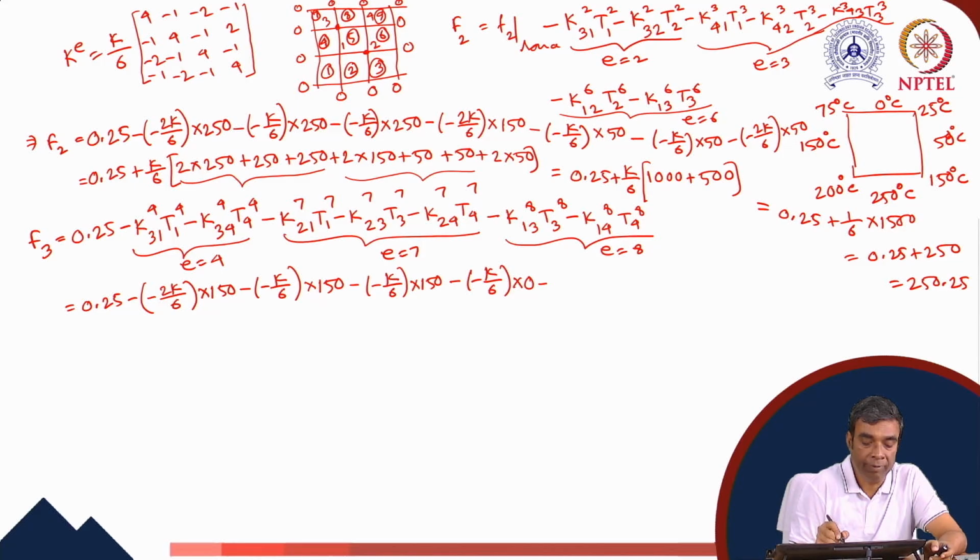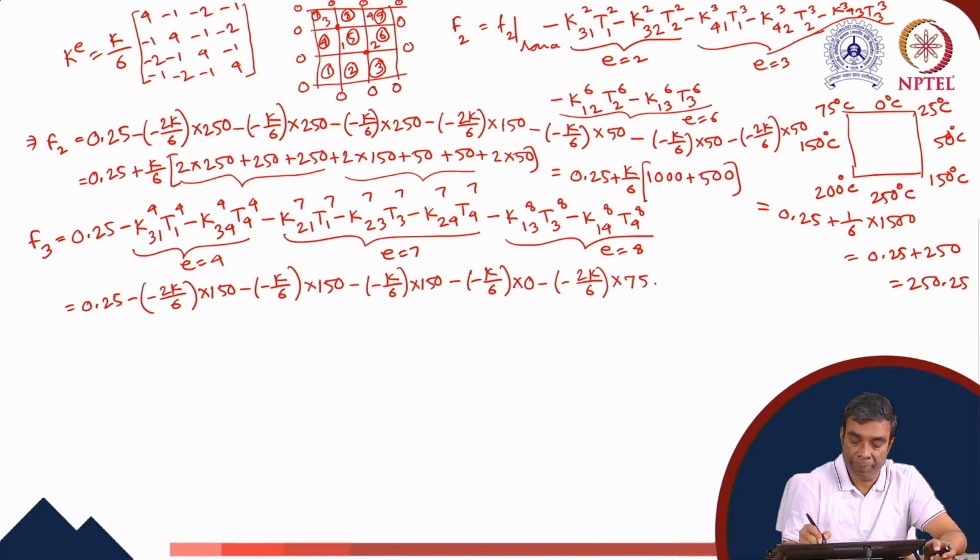K24 is giving us minus 2K by 6, minus 2K by 6 into T47. T47 is on the top left corner. T47's temperature is 75 degrees centigrade.